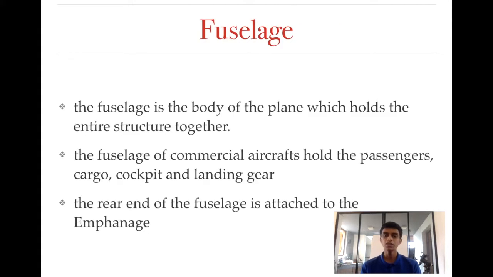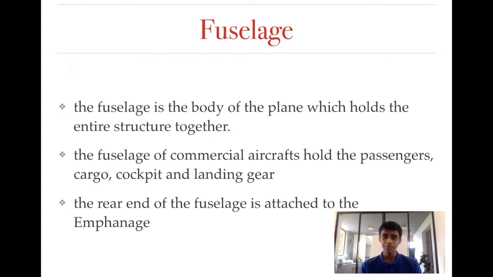Now, the fuselage is basically the body of the plane, which holds the entire structure together. So, if a person says the body of the plane, they actually mean the fuselage. The fuselage holds various components of the plane. It holds the landing gears, it holds the wings to the empennage, it even holds you if you're going on a vacation.